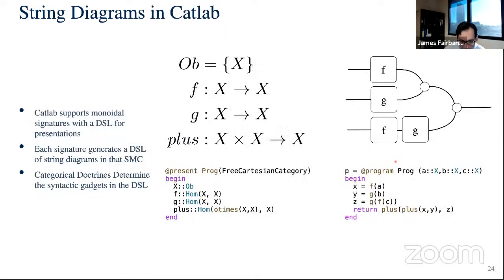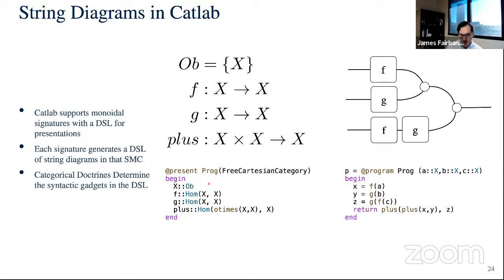So Catlab is all based on embedded domain-specific languages. So we have a DSL for specifying monoidal signatures. And this is a pretty simple monoidal signature here. I'm going to have 1 generating object and 3 generating morphisms.